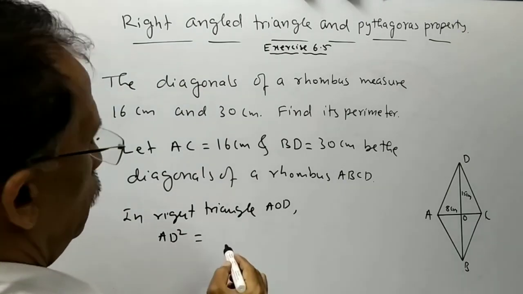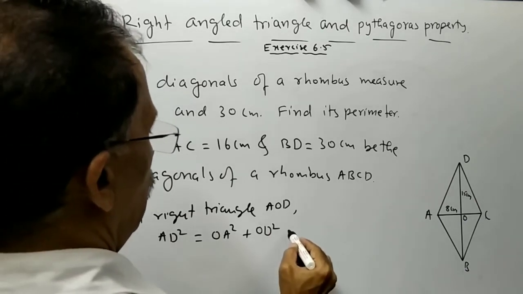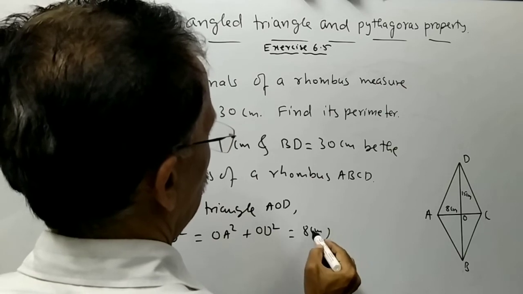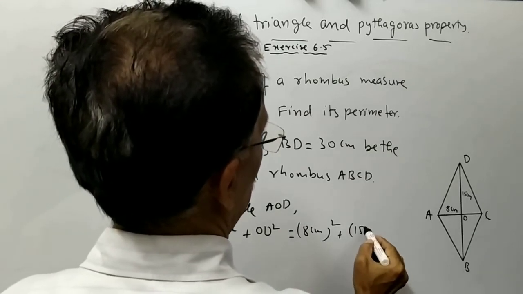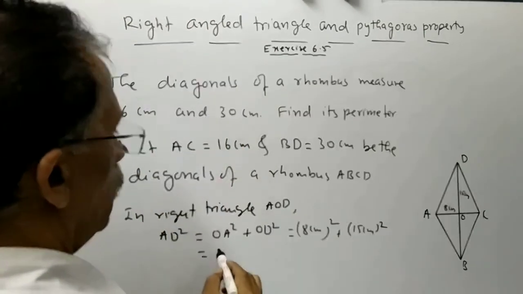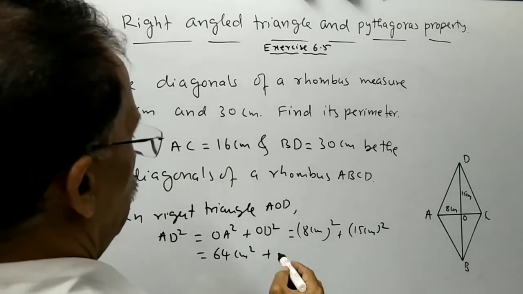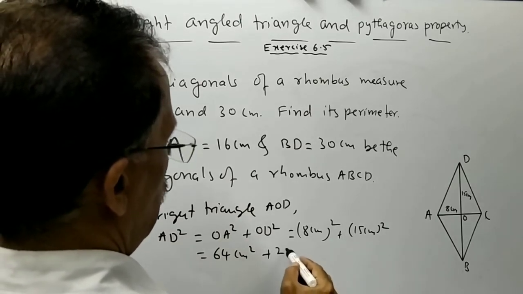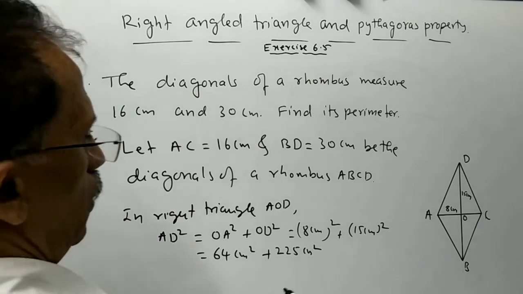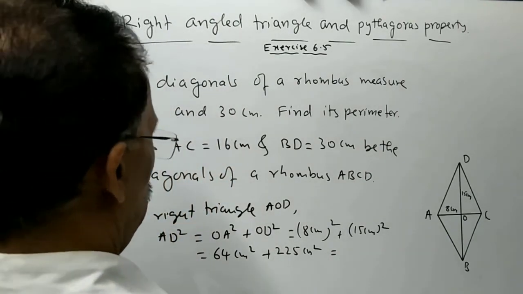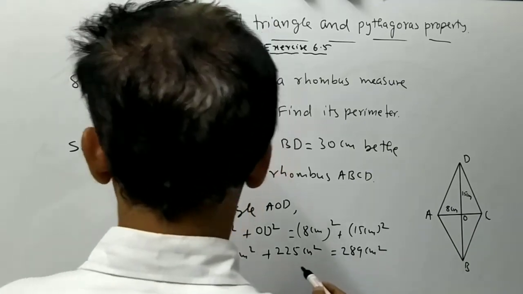AD square is equal to OA square plus OD square is equal to square of 8 centimeter plus square of 15 centimeter is equal to 64 square centimeter plus 225 square centimeter is equal to 289 square centimeter.